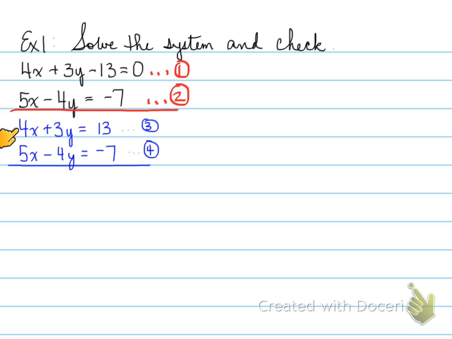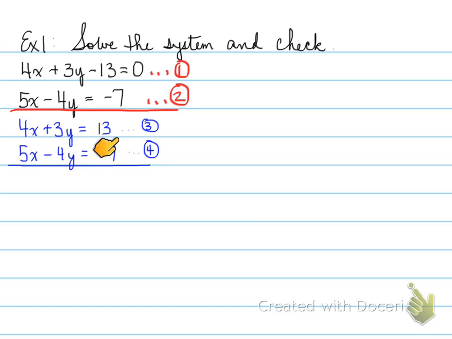What we're going to do is multiply line 3 by the first number in line 4. That's right, folks. One more time. Take the equation in line 3, and multiply it by the first number in line 4, which is 5. Then we take line 4 and we multiply it by the first number in line 3.